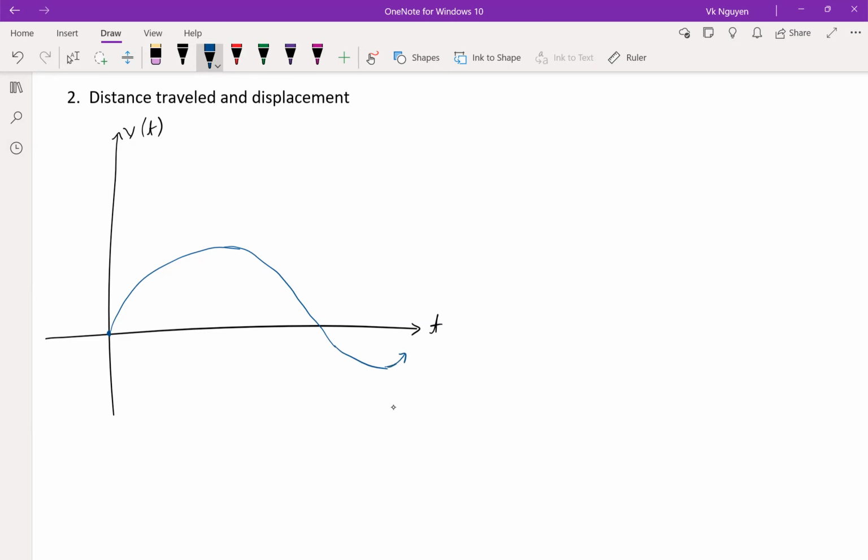So the graph would look like this. That is the graph of v(t) here. We see that for time from t sub 1 to t sub 2, we get two areas.